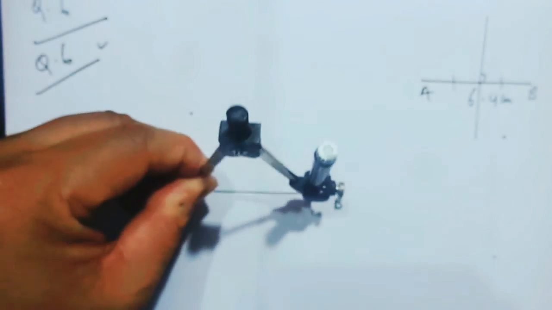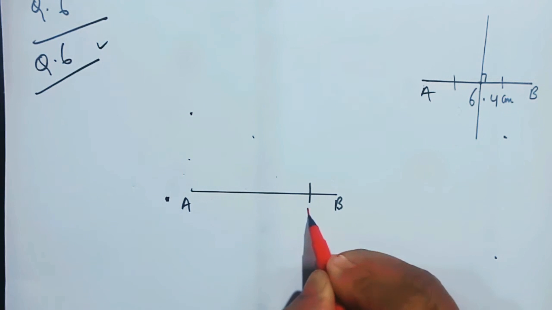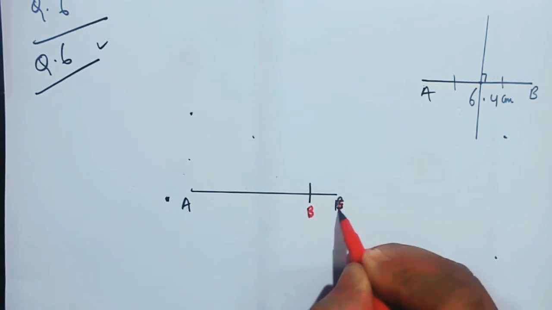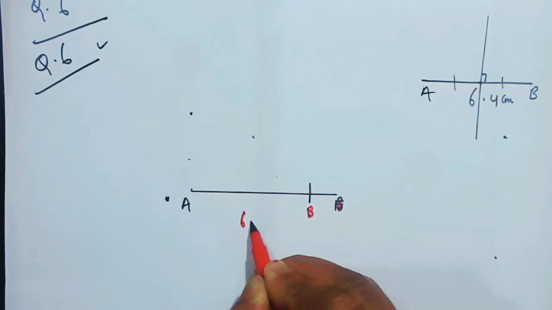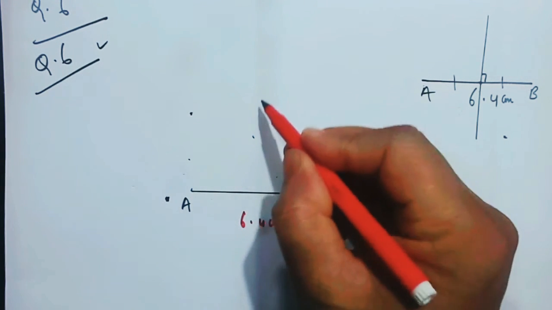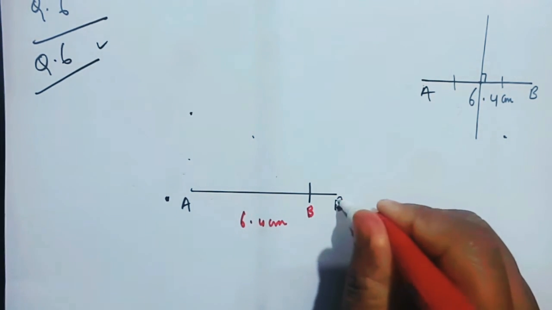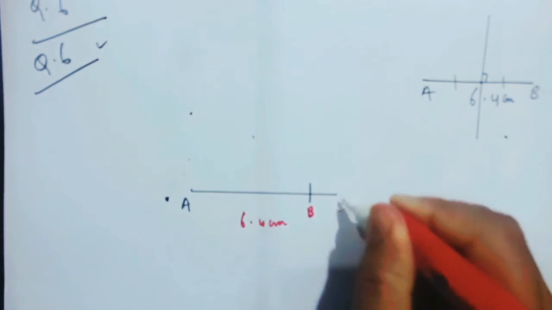Let me draw exactly 6.4 centimeter. So my length AB will come over here. So length AB will be equal to 6.4 centimeter. Very good. Now I have to draw a perpendicular bisector. Since I do not need this particular one, why not rub it?